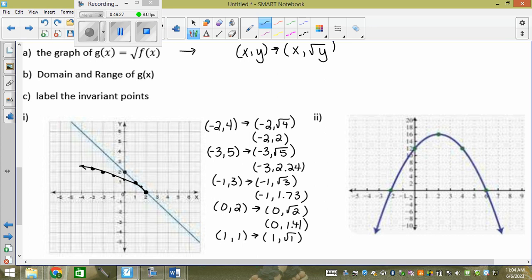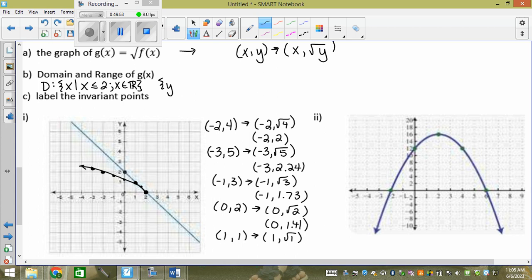Can I just draw the arrow randomly forever, however I want, when I don't have any more points? Can I just shift it off for life? No, I stop where I'm accurately drawing and I put an arrow on the end of it, right? So my domain for this one is x such that x is less than or equal to 2, x is an element of the reals.